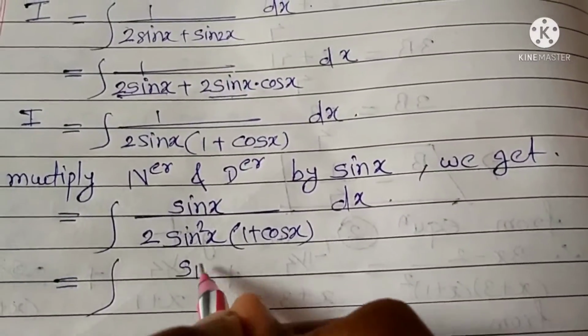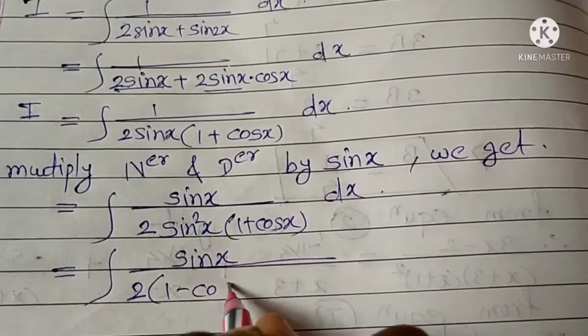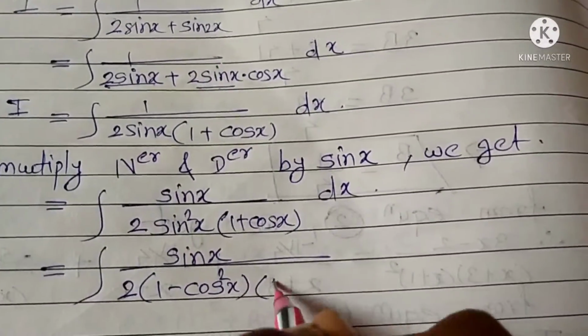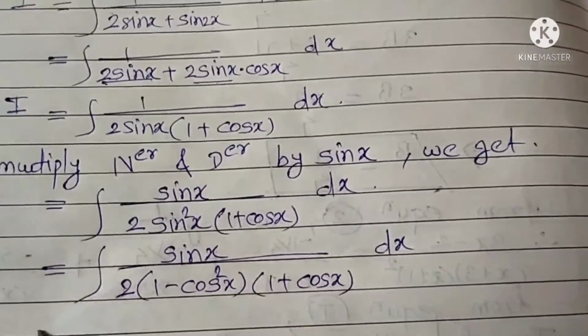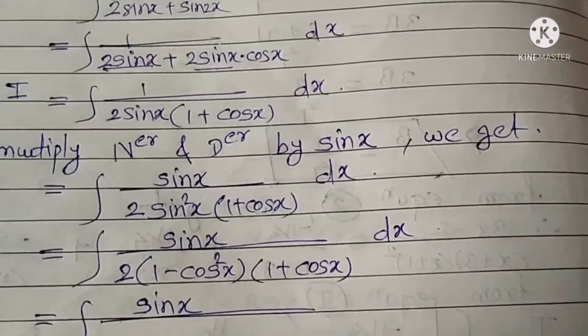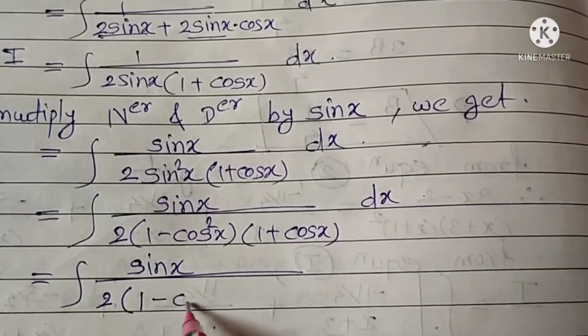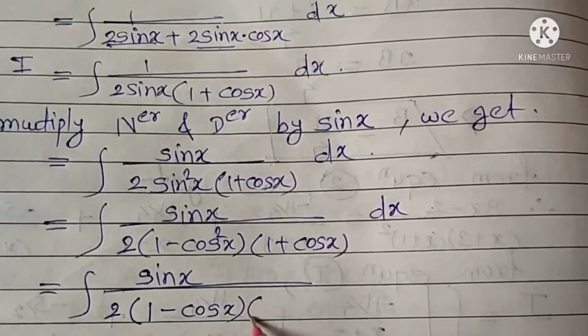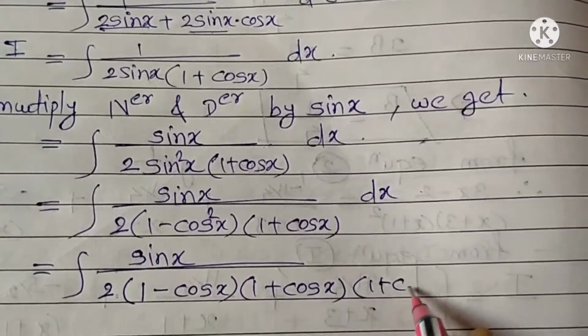So integration of sin x upon 2(1 - cos square x)(1 + cos x) dx. Now here a square minus b square, so it is (1 - cos x)(1 + cos x). The (a - b)(a + b) rule is used here.